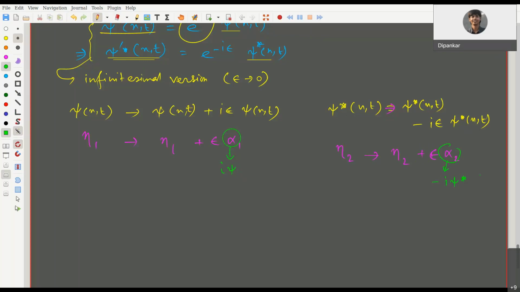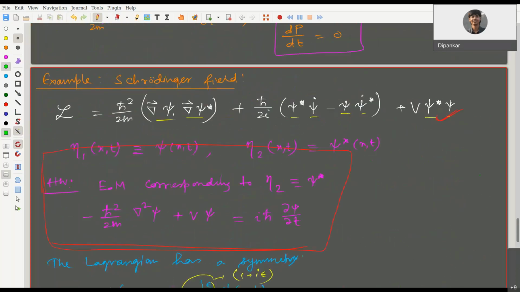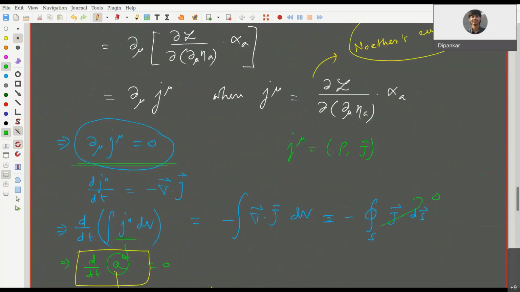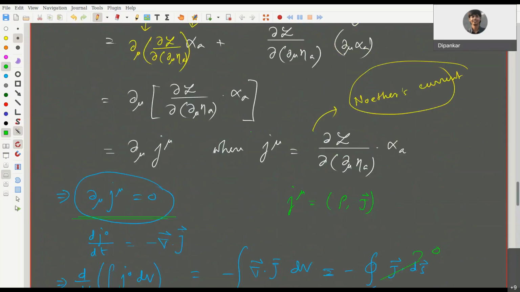So I have identified my alpha 1 and alpha 2, and I know my Lagrangian. That's all I need to calculate my Noether's current, to calculate the J mu. Okay, what is my J mu? So this is my J mu.